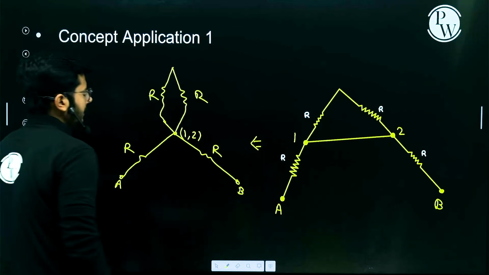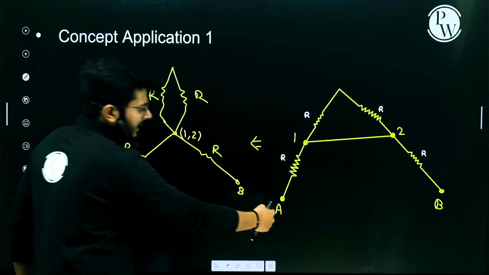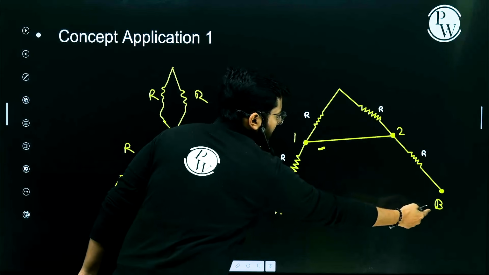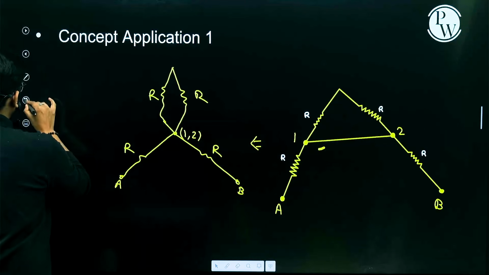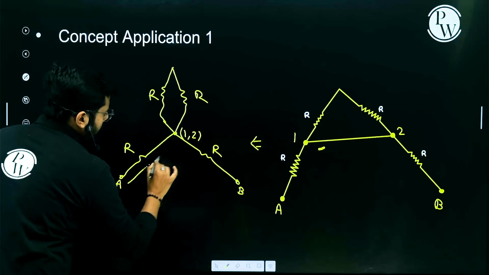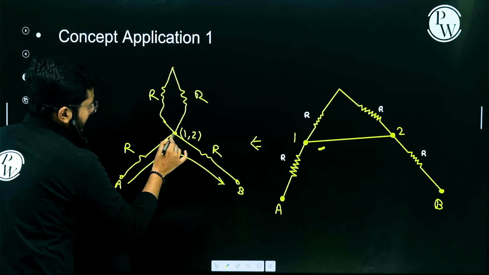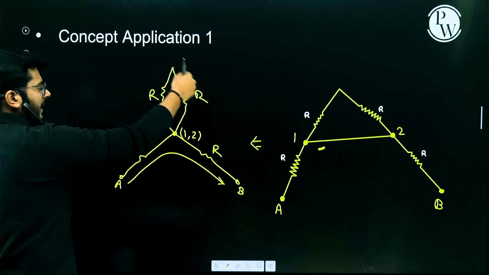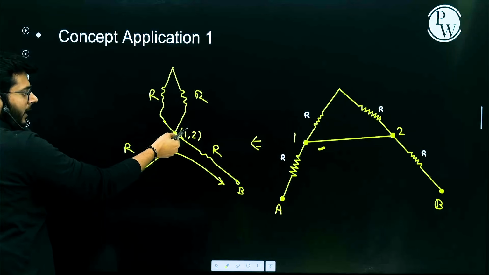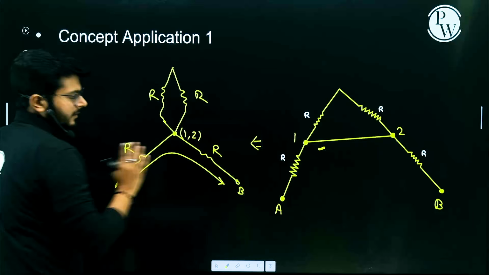All right. So now you see that the current that enters A will follow this path and go towards B. Current is moving like this, right? Now think about it. This entire path, this entire element is simply hanging off this point, and it is not a part of the closed circuit. Yes or no?